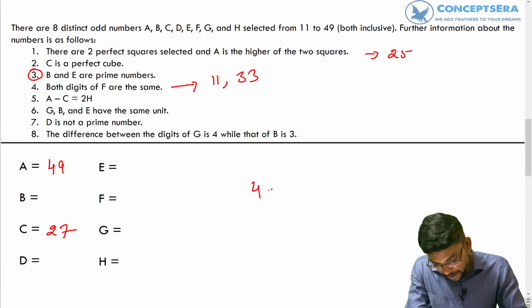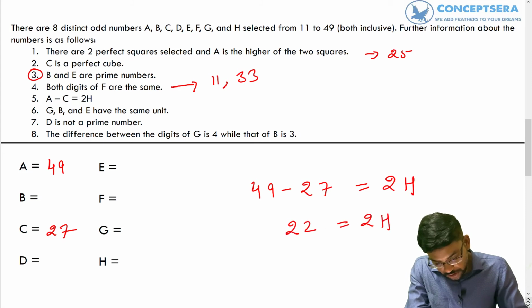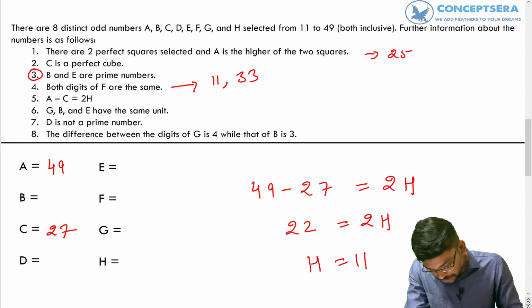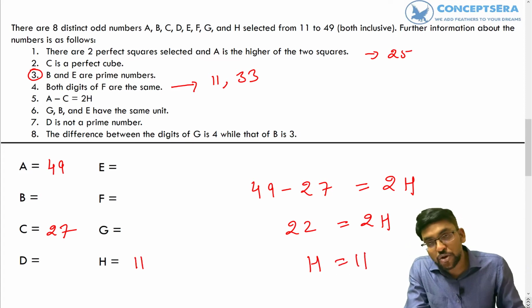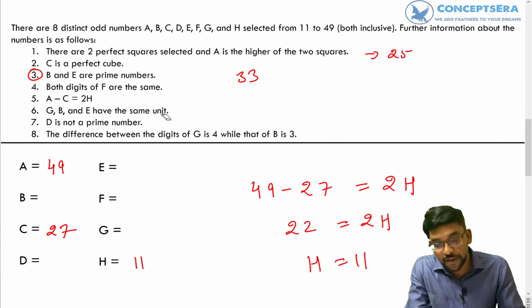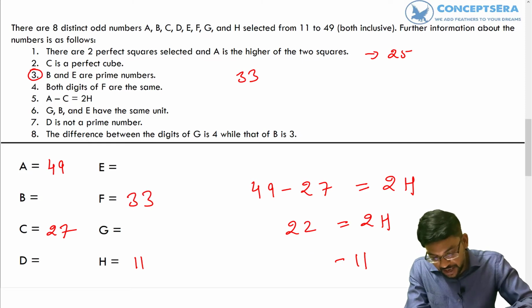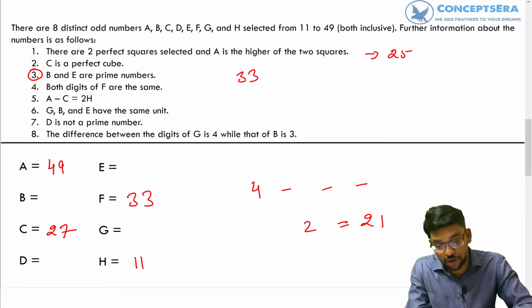So A minus C is 22, and 22 is equal to 2H. So H has to be 11. Once we got H is 11, we can say F cannot be 11. That means F has to be 33. So these numbers we have fixed from the given information.